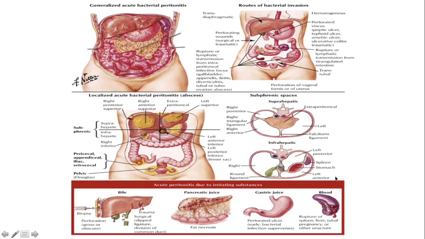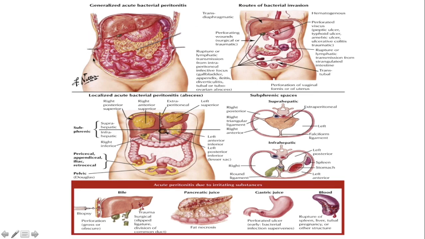This is a very nice comprehensive image showing the various patterns of peritonitis, as well as some examples of sterile peritonitis. If we look at the top left half of the image, you can see what generalized peritonitis looks like.